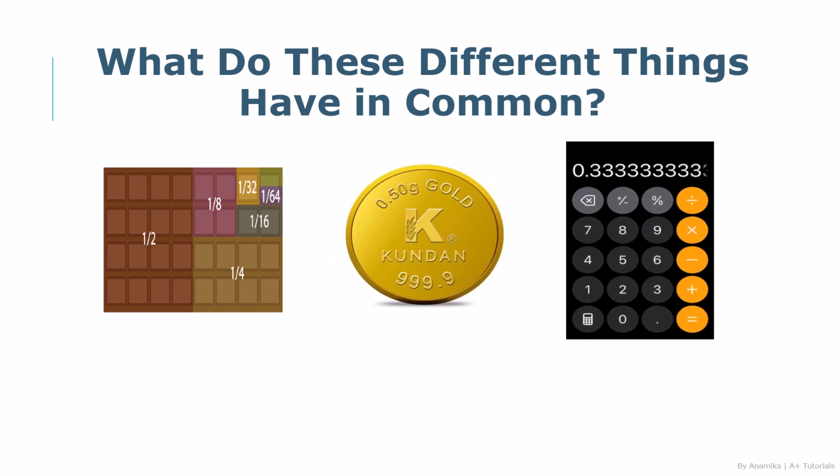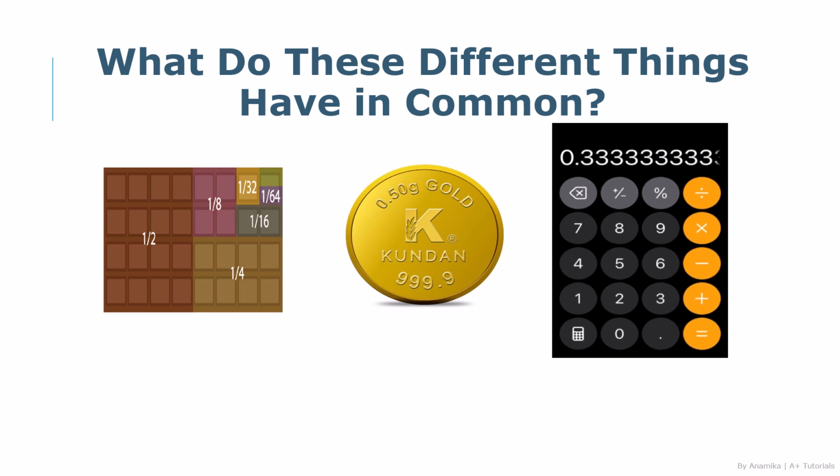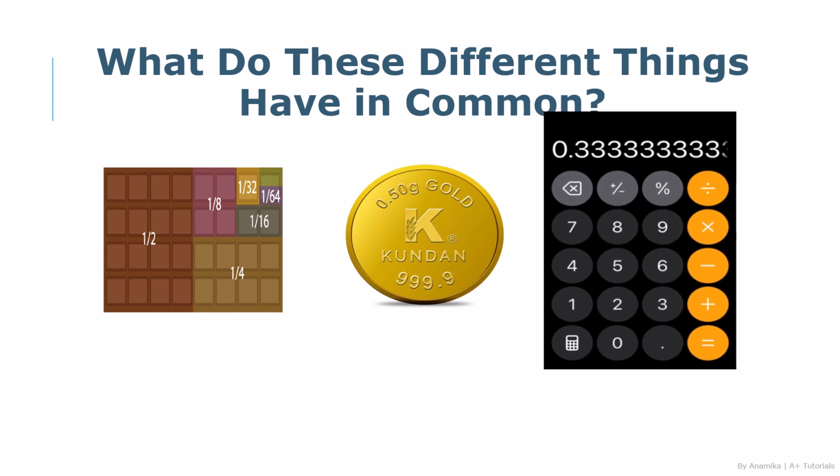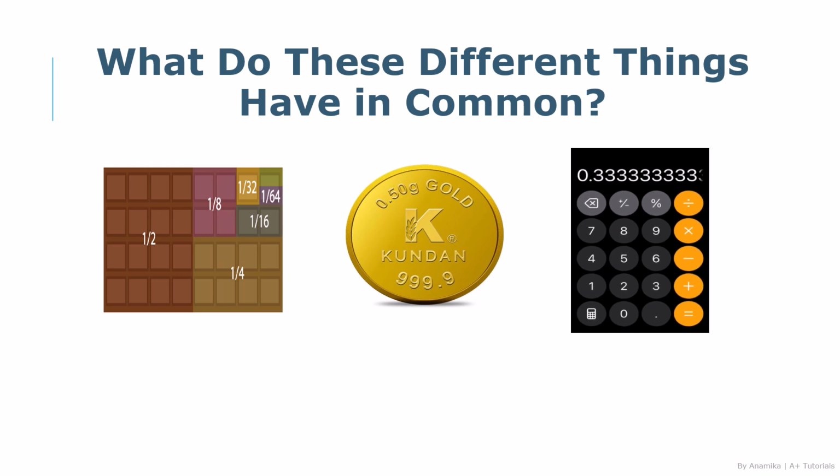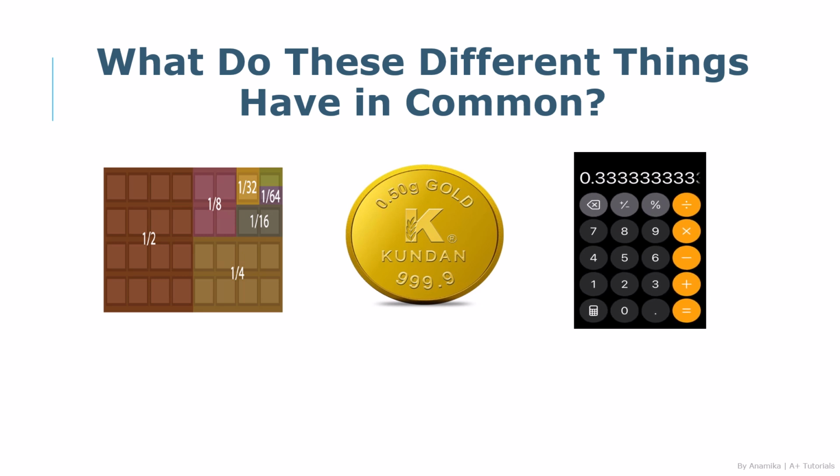On the right, we have a calculator. It shows 0.333 repeating, a decimal that goes on forever in a pattern. So, what connects all of this? They are all examples of rational numbers.